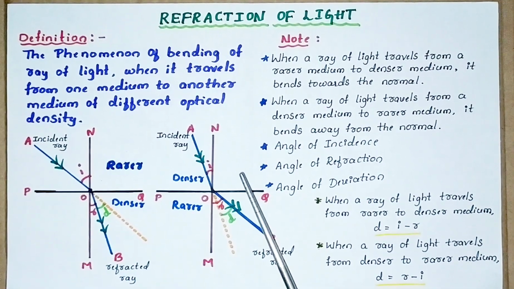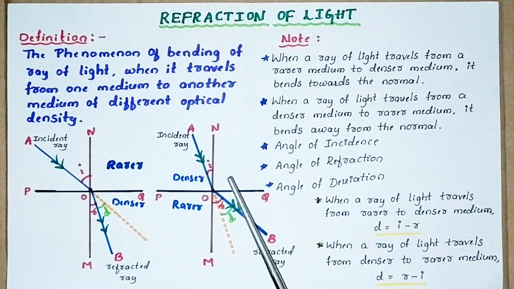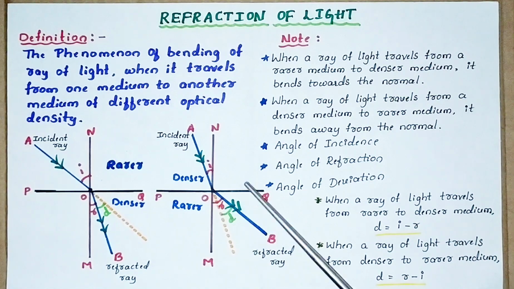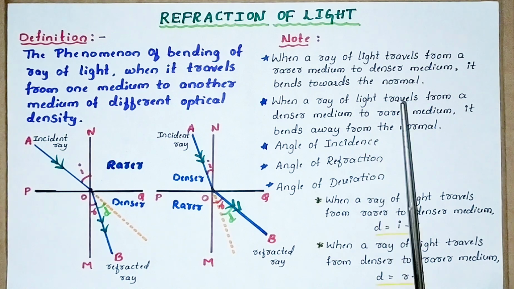In the second diagram, the ray of light is traveling from denser to rarer medium, so it is having low density, speed of light increases, so this ray of light is traveling faster, it is bending away from the normal. Right? Now we can observe some points which are related to refraction of light.